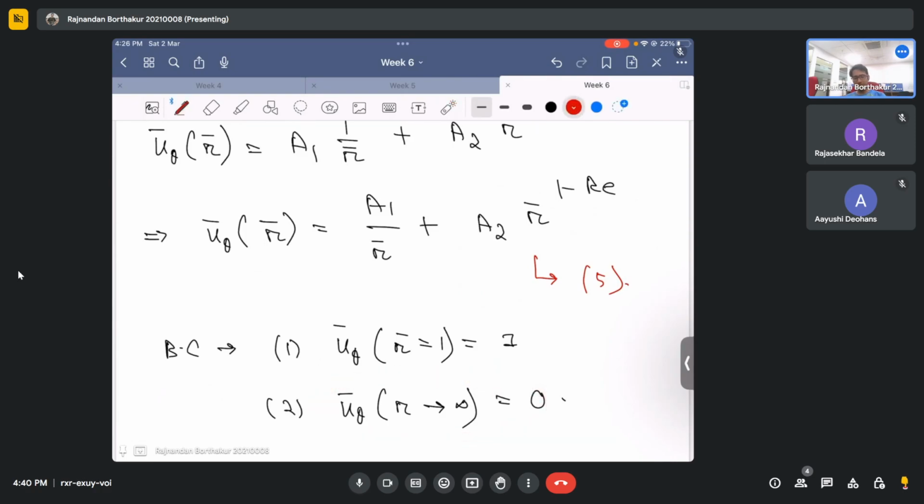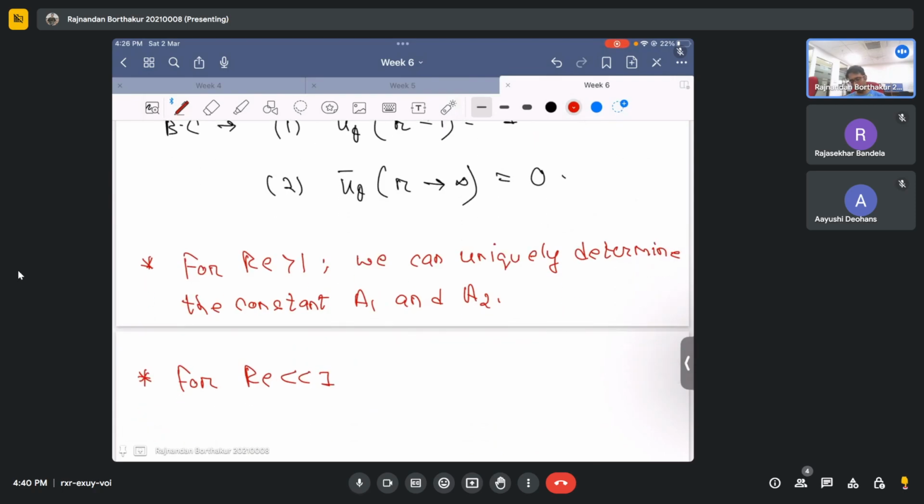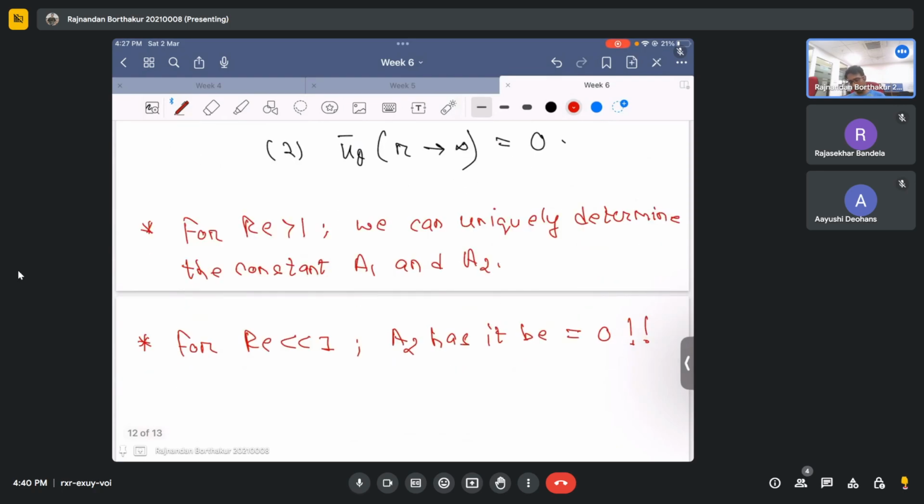And that you have rightly pointed out. So for Re very much less than 1, a2 has to be equal to 0. This should be satisfied for boundary condition 2 to hold good.